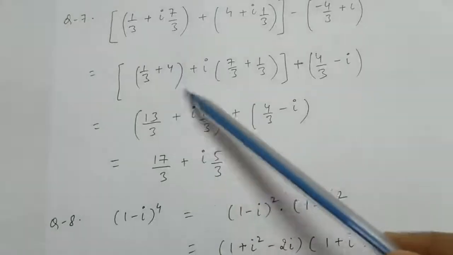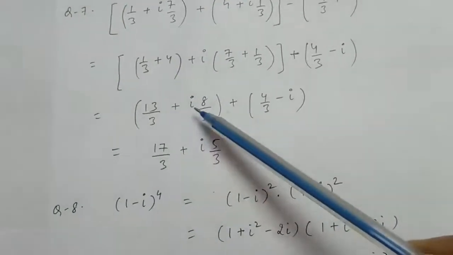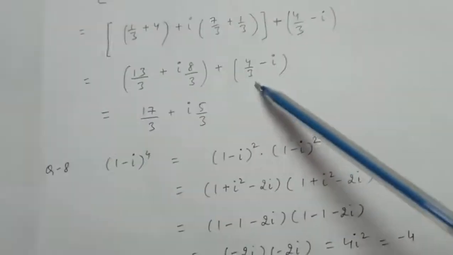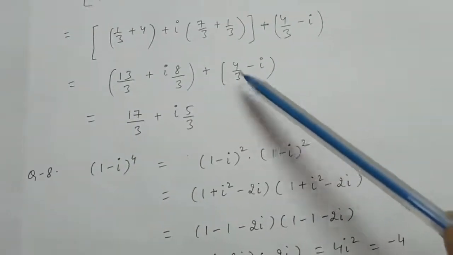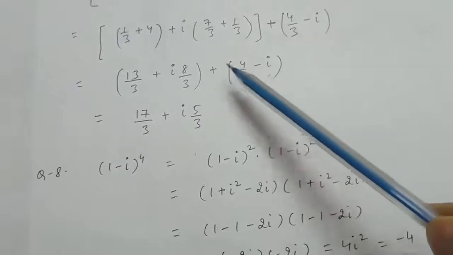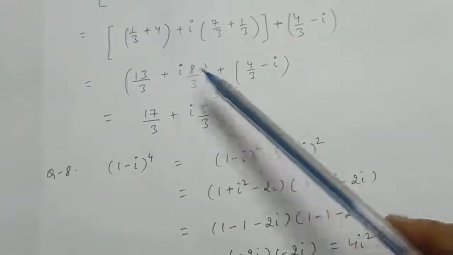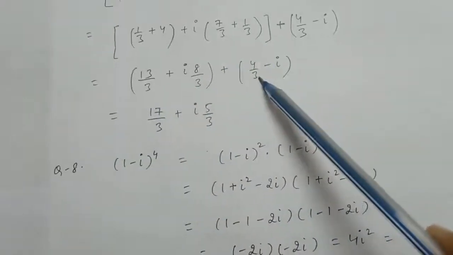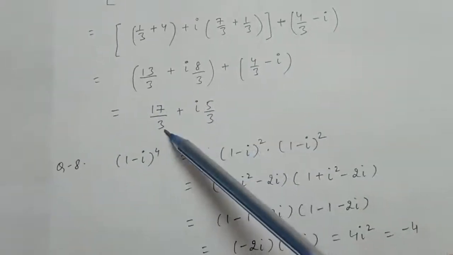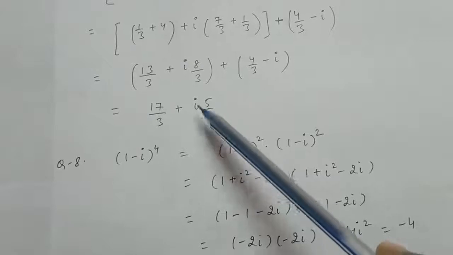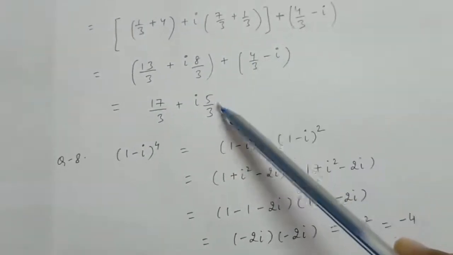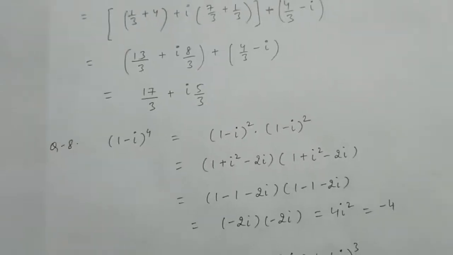Now this is 13 by 3 plus iota 8 by 3, plus the other, 4 by 3 minus iota. Now again these are two complex numbers and you have to add them. So add their real part, that is 13 by 3 plus 4 by 3, which is 17 by 3, plus iota, add their imaginary part. So 8 by 3 minus 1, so it will be 5 by 3, right?